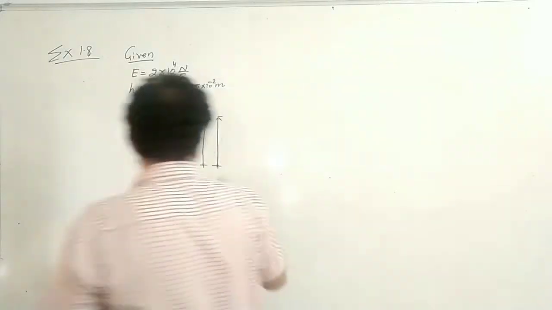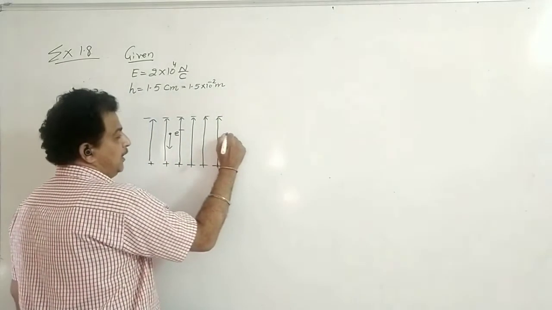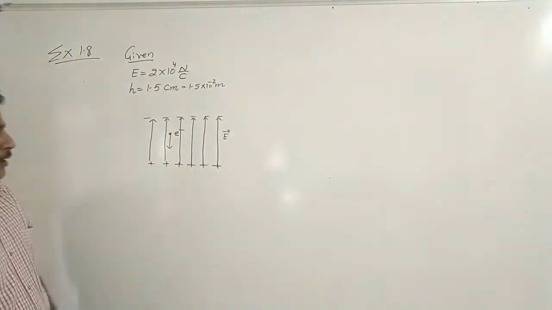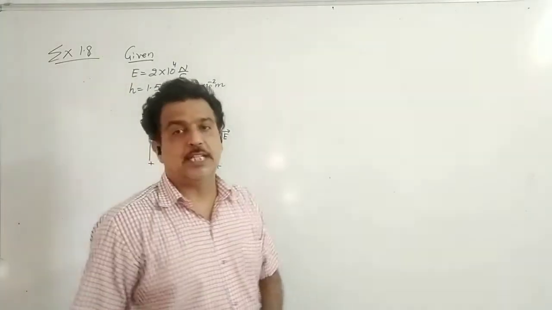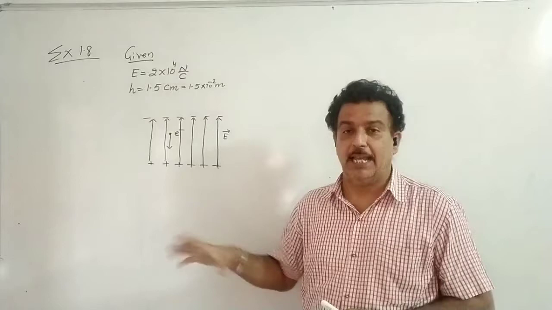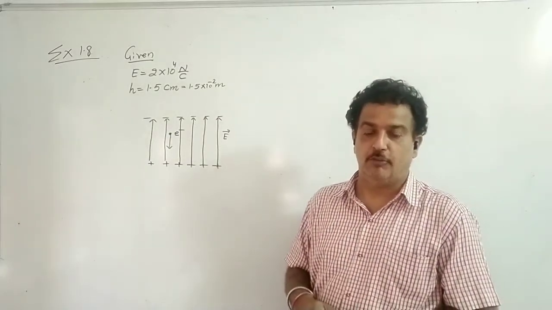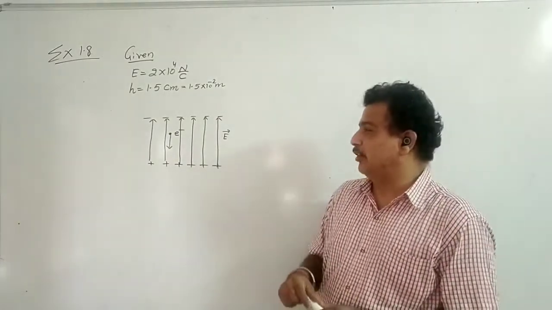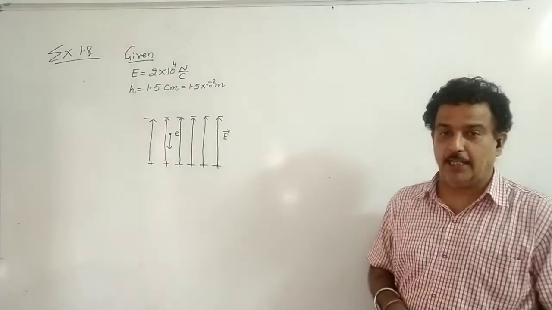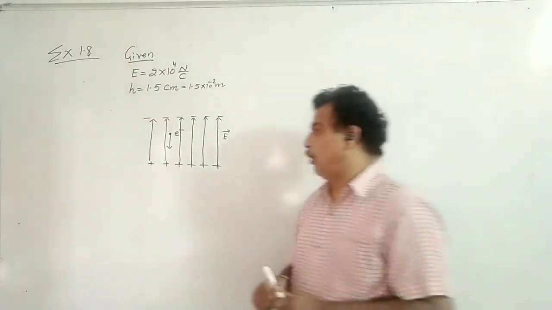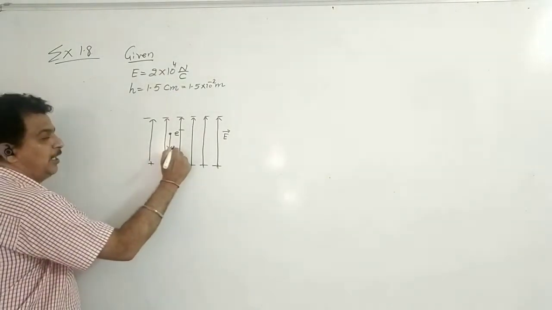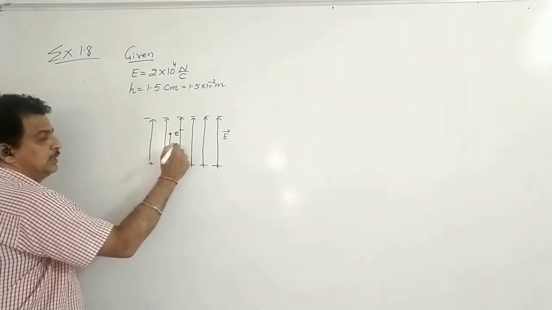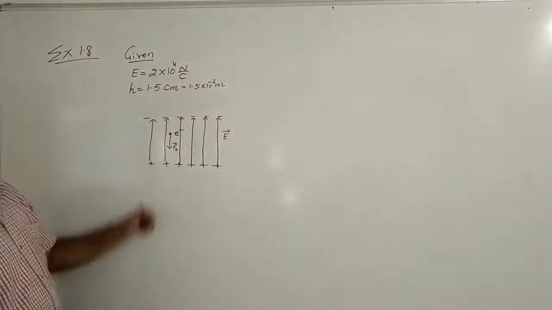So this is a uniform electric field which is in the upward direction. Now the gravity is not there. If we have gravity, then the force acting due to gravity is mg. That we know, it is a gravitational force. But the effect of gravity has to be neglected as given in the question. So the only force acting on this electron is an electric force. Due to the electric force, it is moving downward.